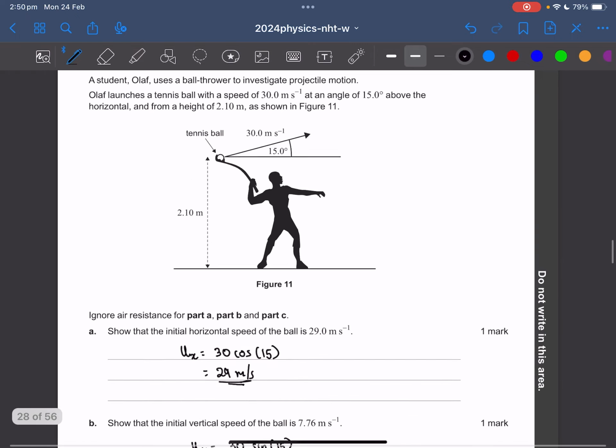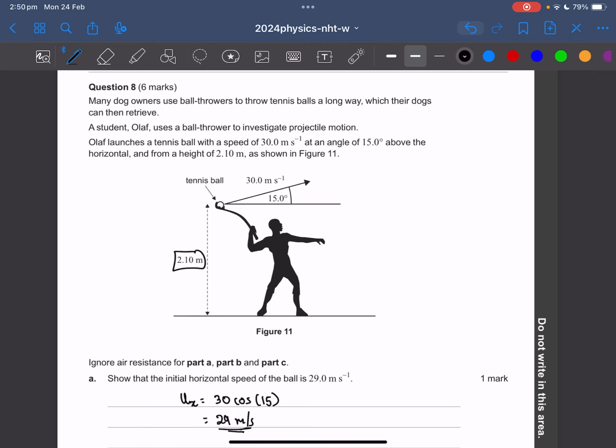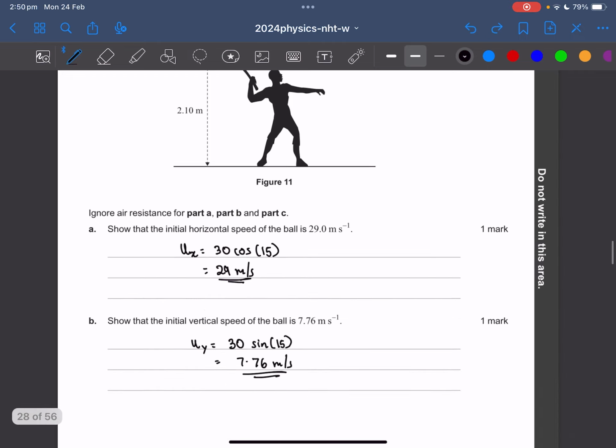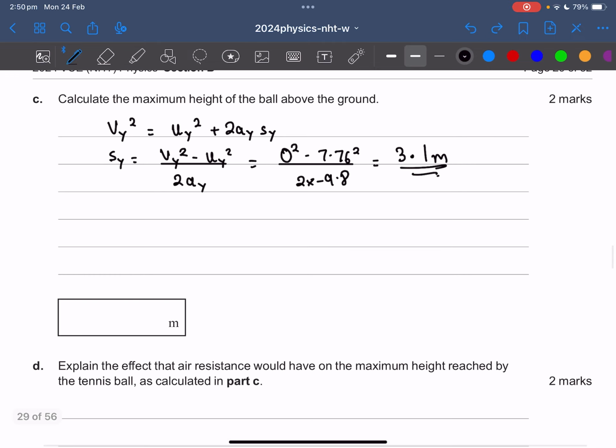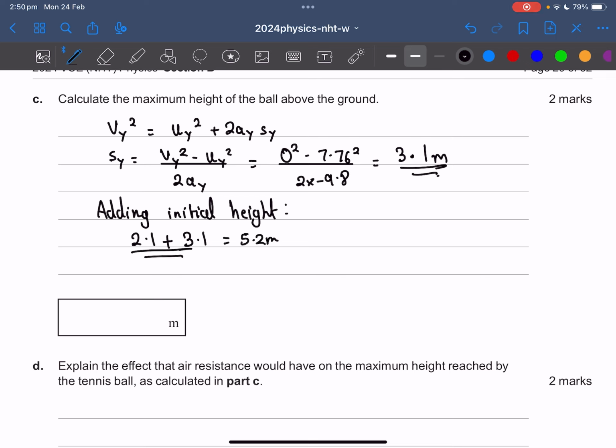The maximum height is going to be 2.1 plus the 3.1. So then we can say adding initial height, 2.1 plus 3.1 is equal to 5.2 meters. So I think this is going to be the final answer, 5.2 meters.